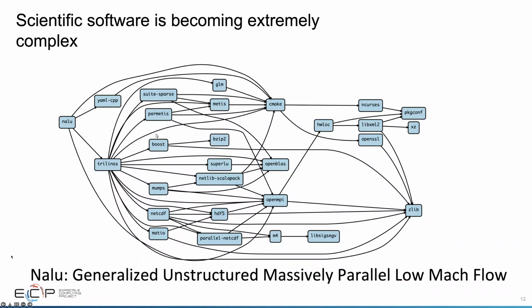Trilinos depends on Boost, Parmetis, Sweet Sparse, which depends on Metis. It depends on Netlib, Scalapack, SuperLU, OpenBLAS, OpenMPI, and you can get the idea. There's a large number of dependencies, and all of these packages must work together for the solver to function.